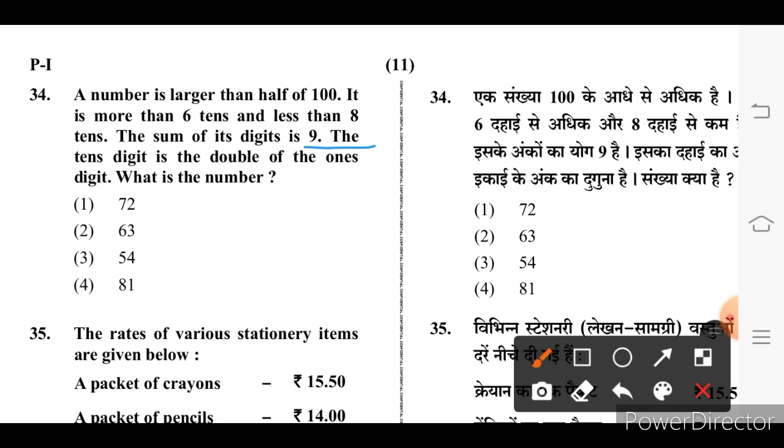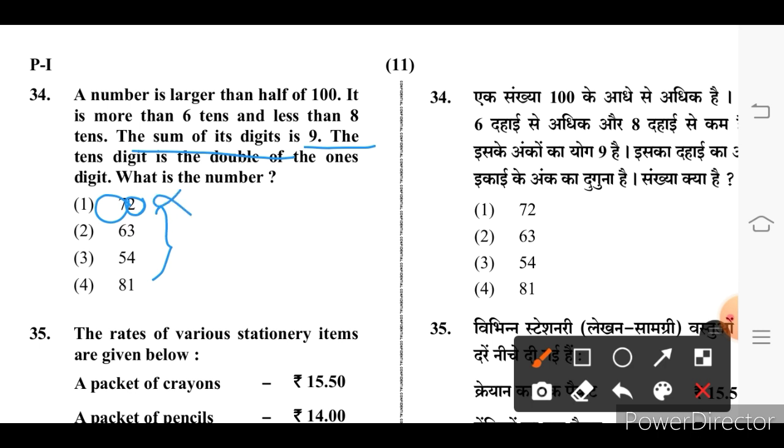Here it is given that the sum of its digits is 9. So the sum of the two digits is 9. The tens digit is double the ones digit. Here 2 is in the ones place and this is the tens place. Is it double?